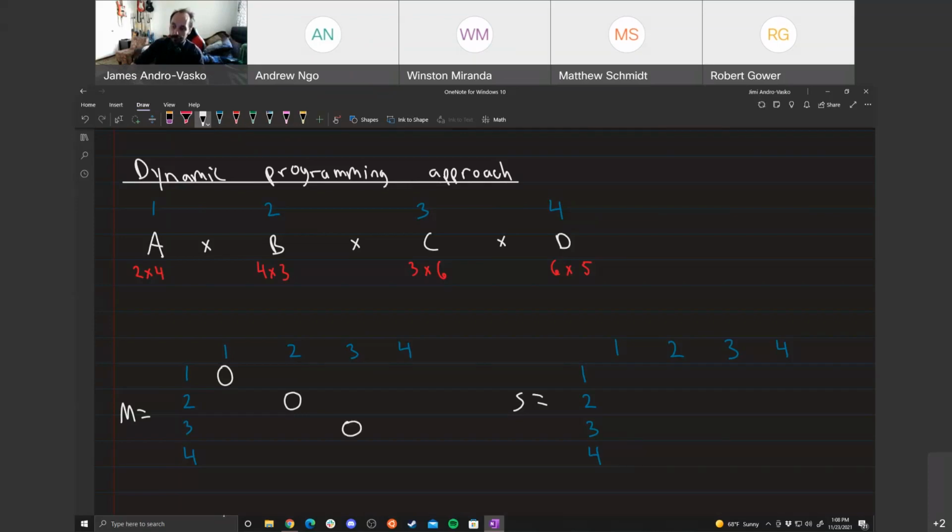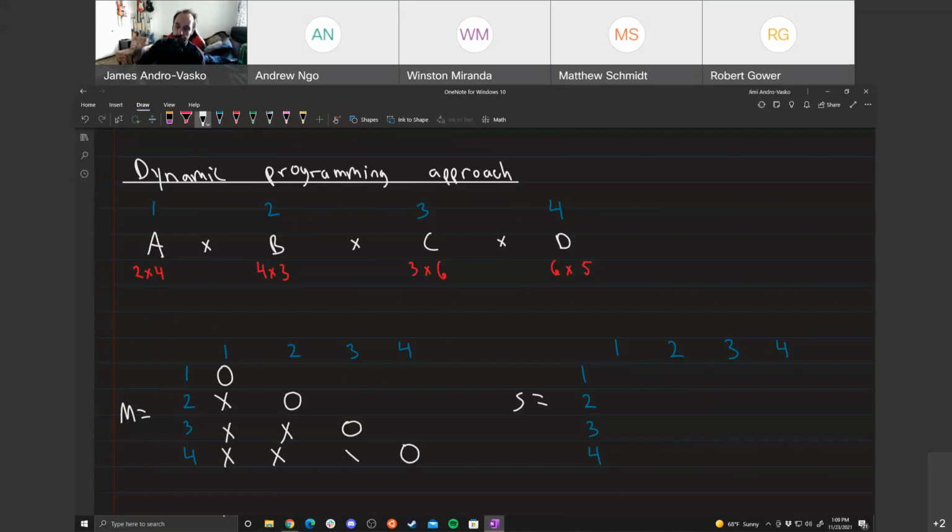The way this reads, for example, this cell right there tells us the amount of multiplications needed to multiply matrix 4 with itself. To get the result of D, we don't have to multiply. We already have D's answer, so nothing has to be done there. Now, these ones will be X'd out because you cannot multiply them.